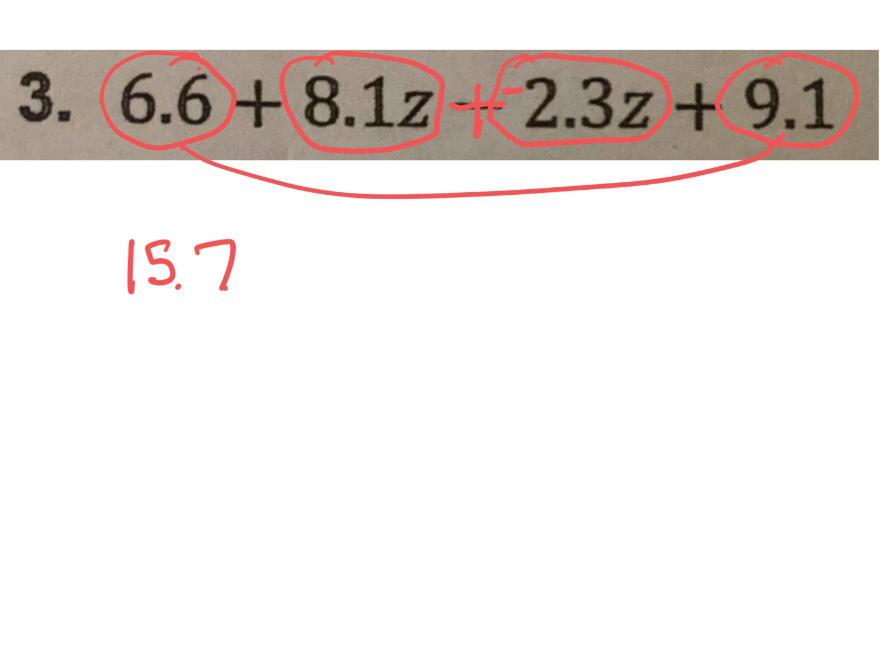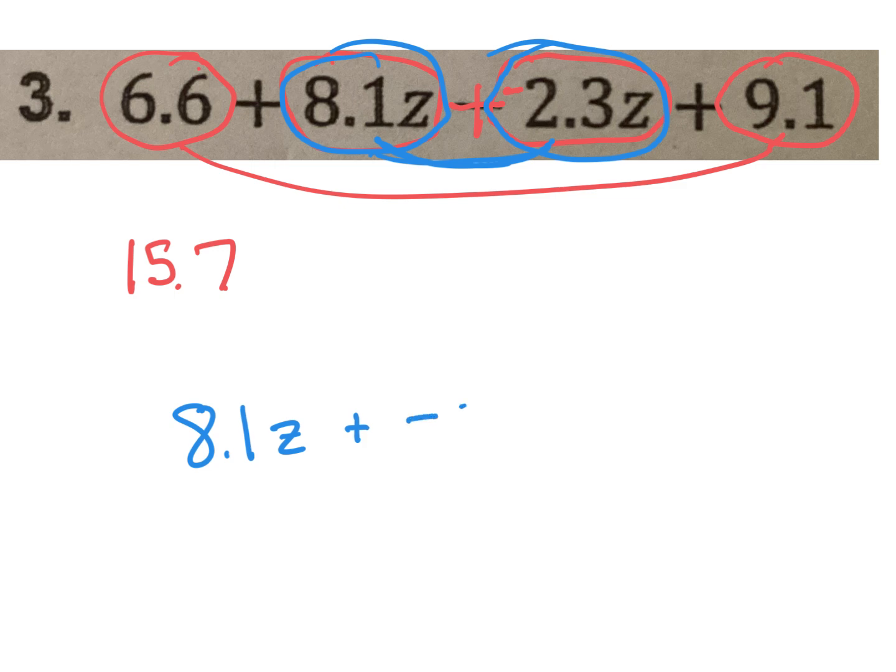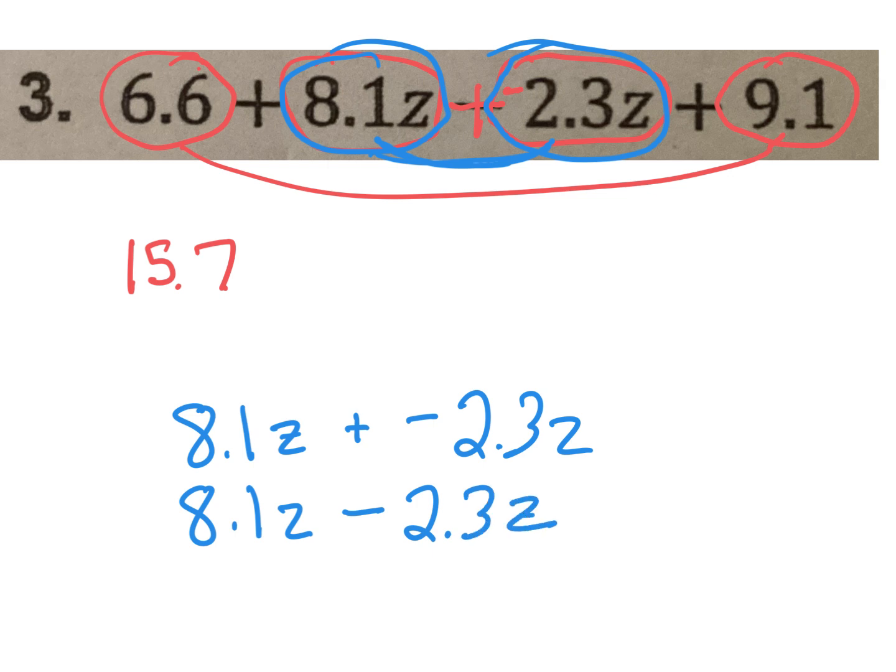And the other ones that can go together will be these two right here. This is with a z, and this is with a z. So I bring that down: 8.1z minus, or plus, a negative 2.3z. But whenever you add a negative, the same thing would be 8.1z minus 2.3z.